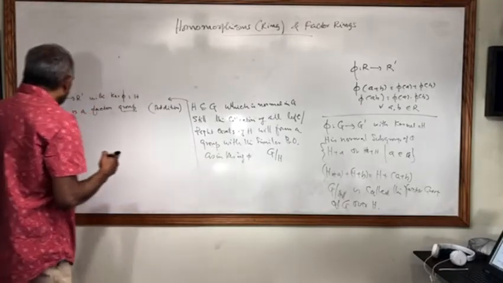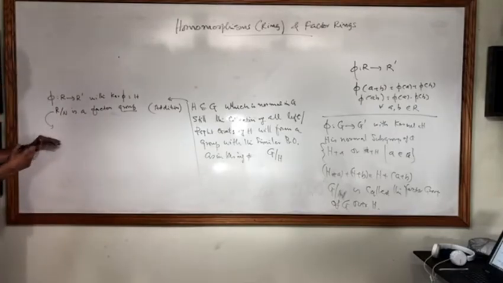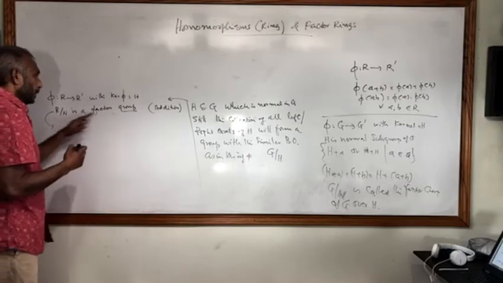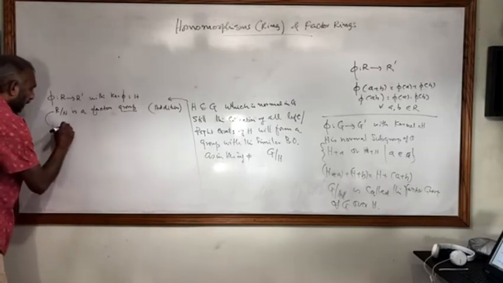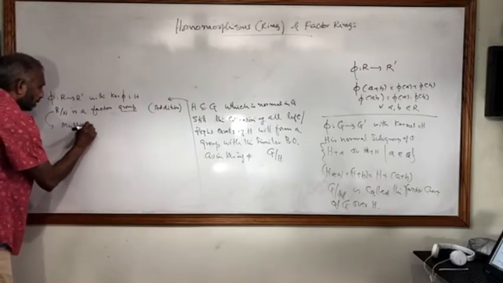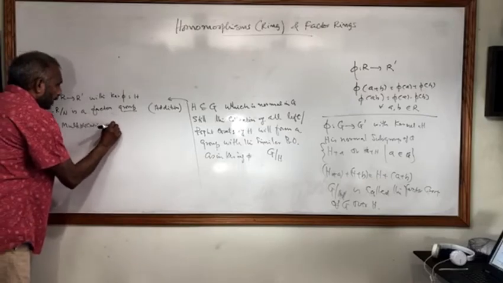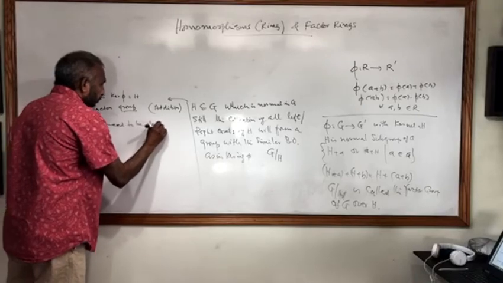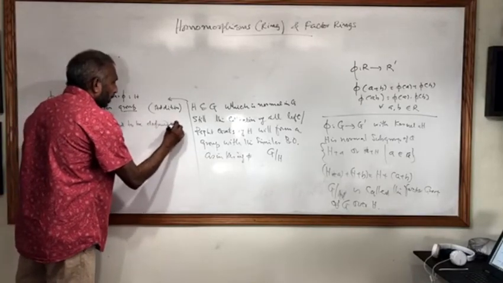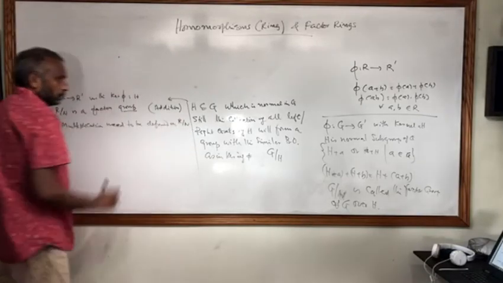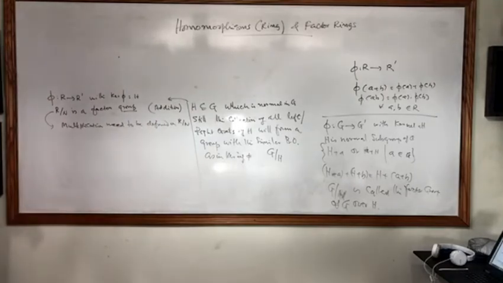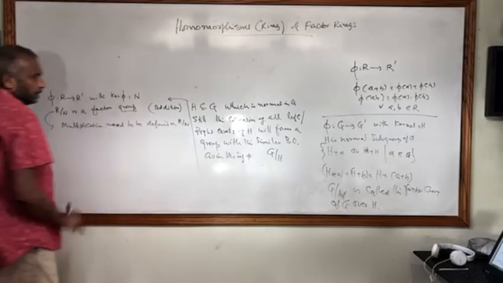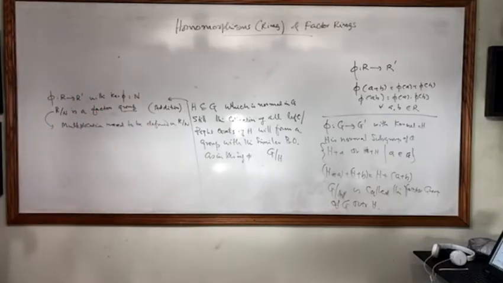But if you want to extend to a factor ring, we need one more binary operation, so multiplication needs to be defined on R over N. Sorry, I'm going to take the kernel as N, okay? R over N.